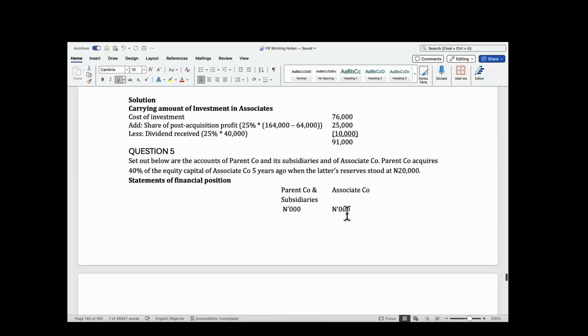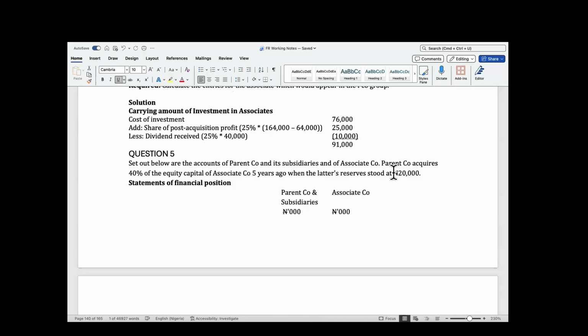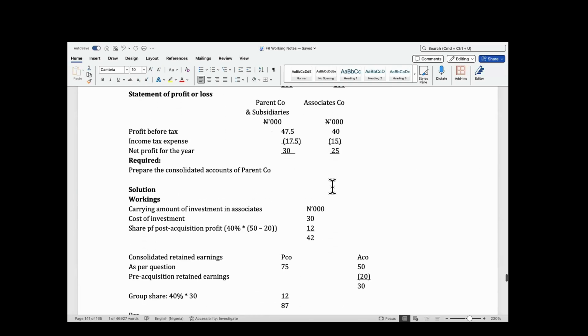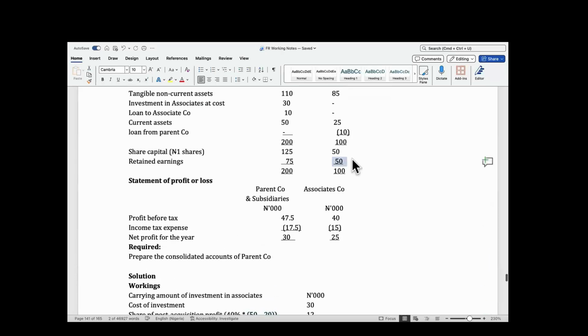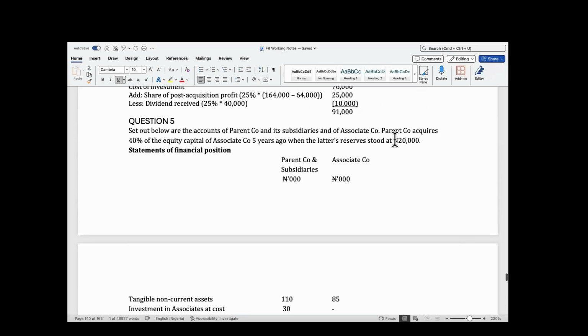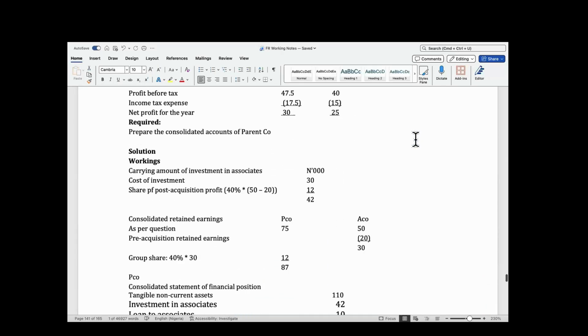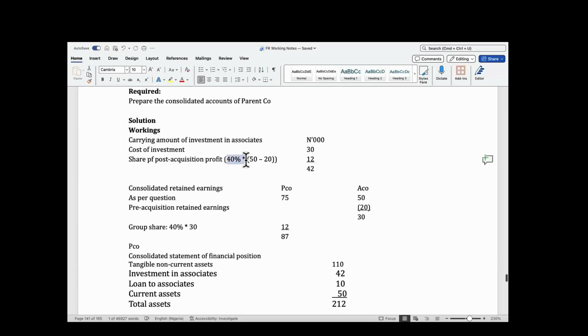Right? And at the date I acquired him, his retained earnings was 20. I cannot have a share of that. I don't have a share in that. That one was generated before I acquired the associate. So I remove it, which is why I did 50 minus 20. So I take my share of that, 40%, I get 12.